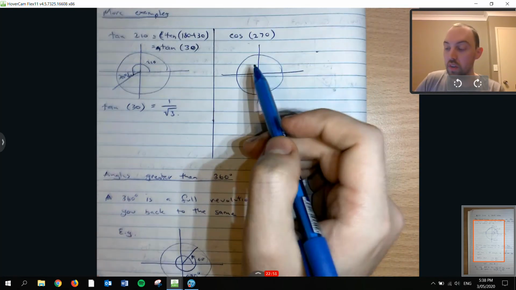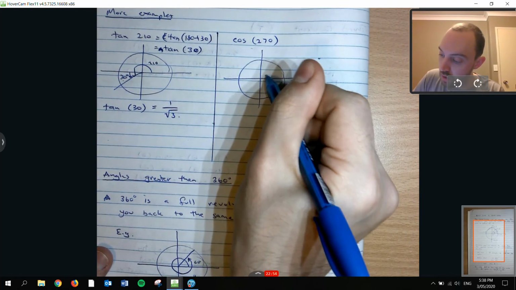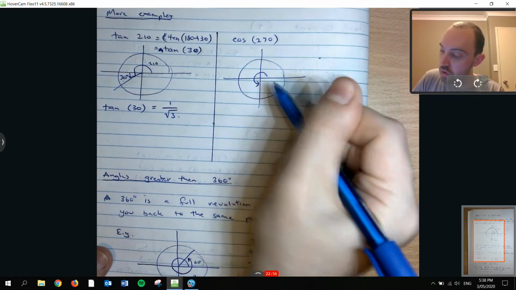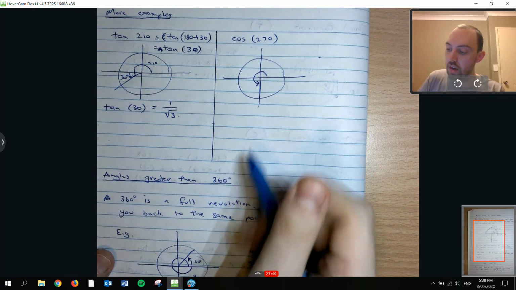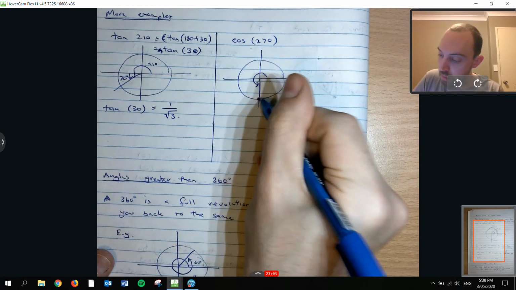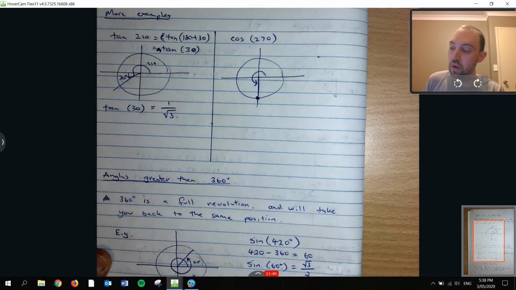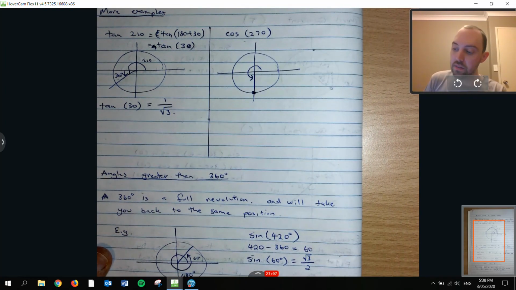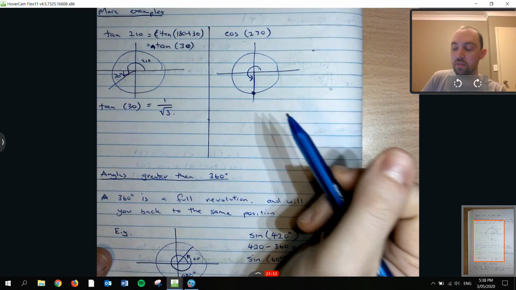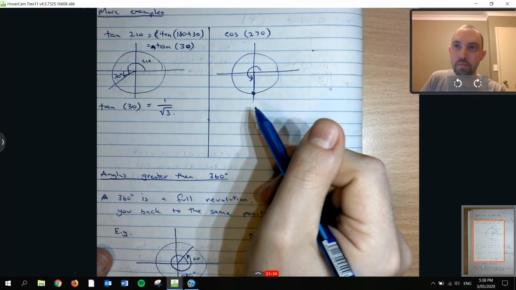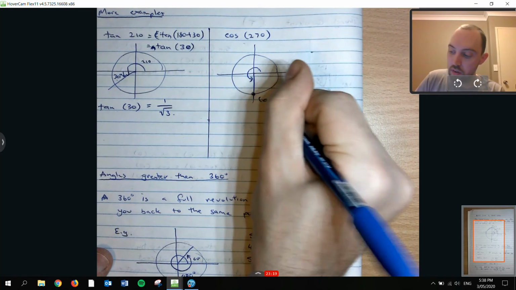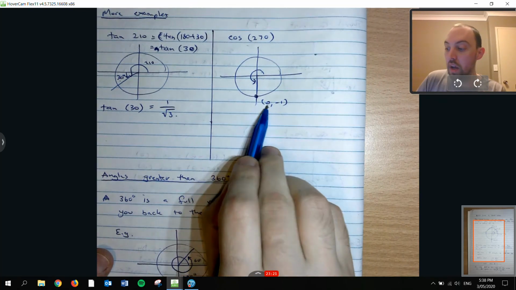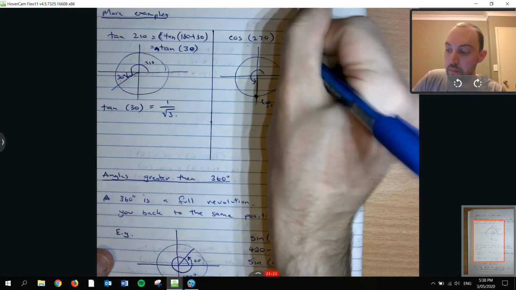Cos of 270 degrees. 270 degrees goes all around to the negative side of my y-axis. Remembering we're talking about points on this circle, cos is my x values. How far left or right is this x value here? Well, it isn't left or right at all, so the point is 0, negative 1, and 0 is my answer here.